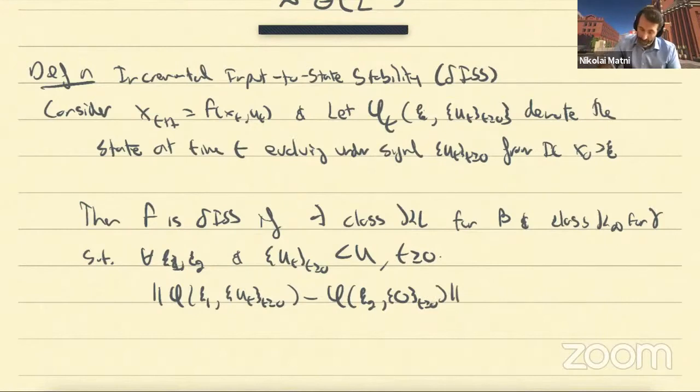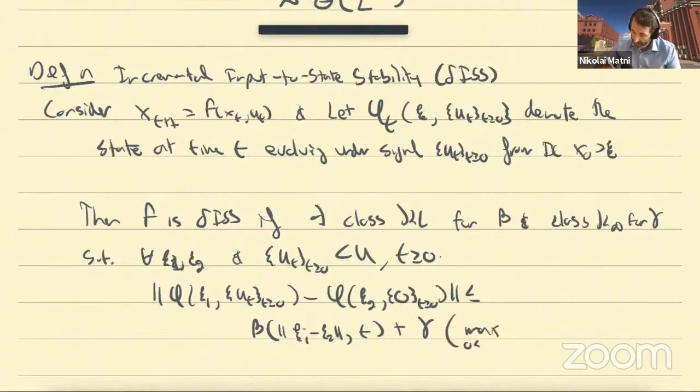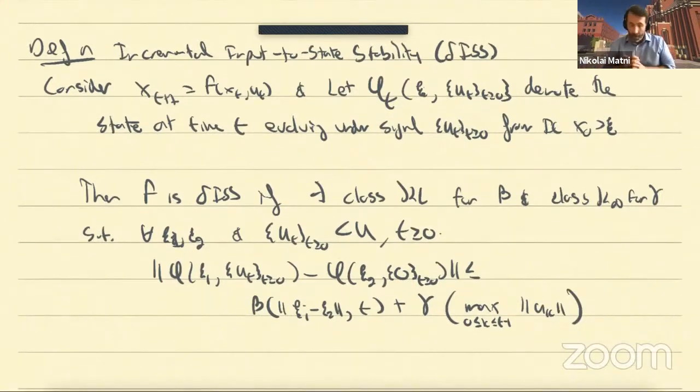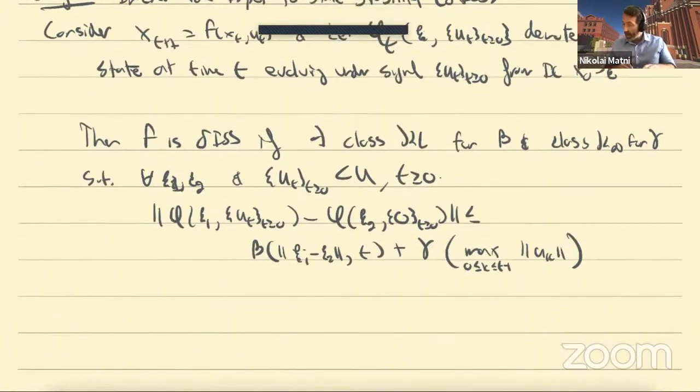I need to be able to bound this by my class KL function as a function of the difference of my initial conditions and t, plus this gamma function, this class K infinity function acting on the largest input that I've seen so far. So this is a stronger notion of stability, and this allows us to improve our bound.